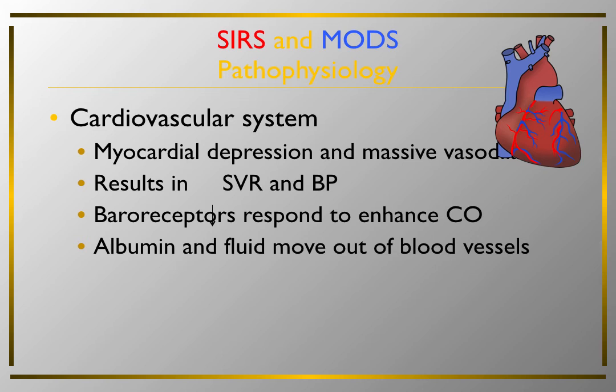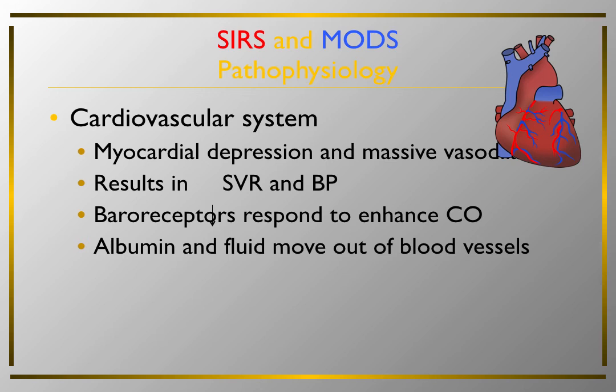The baroreceptor reflex causes release of inotropic, or increasing force of contraction, and chronotropic, which is increasing heart rate, factors that enhance cardiac output. To compensate for hypotension, cardiac output increases with an increase in heart rate and stroke volume.